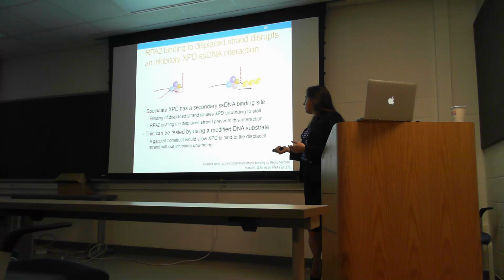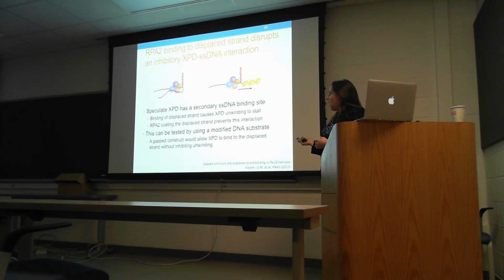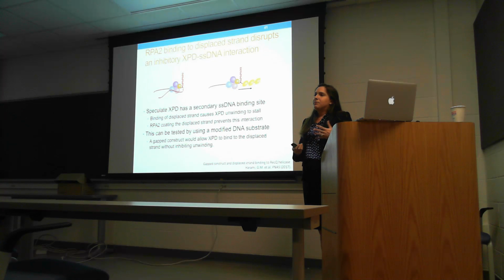And switching to a different construct geometry still allowed for displaced strand binding, but that binding no longer hindered the protein's forward progress. So if we can use a similar construct with our XPD molecule, we could see how that changes XPD unwinding, if at all.